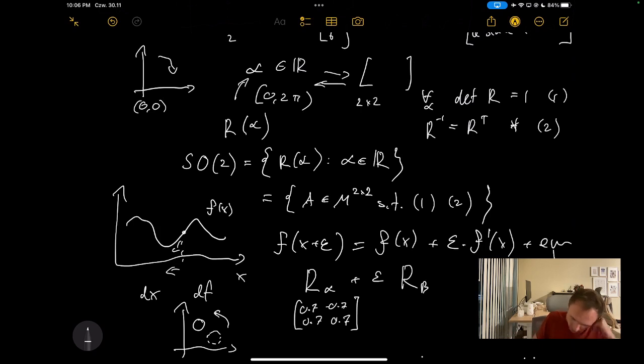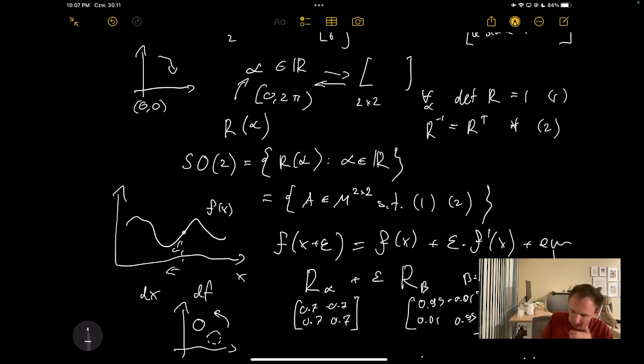Anyway, coming back to this, our starting rotation was something like this, and we take this, and because this beta is really small, it's something like 0.99, 0.1, and then 0.01, and then 0.99.